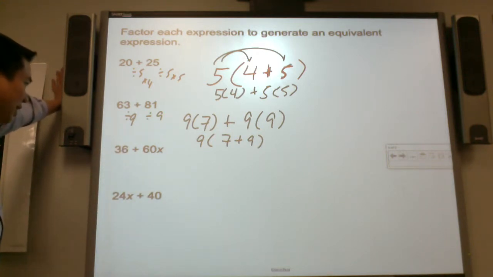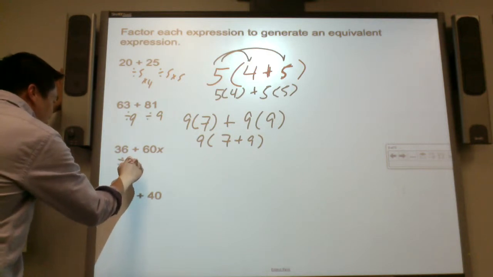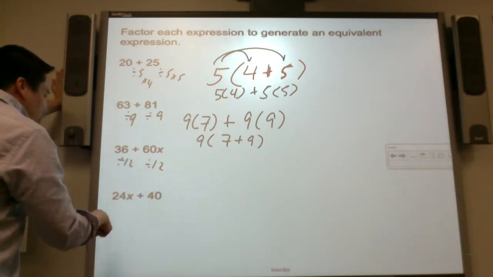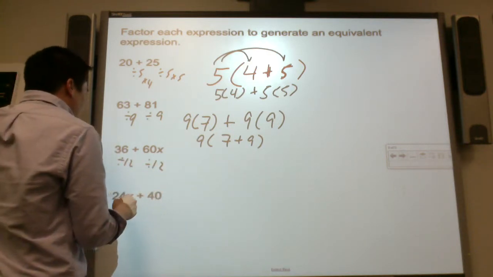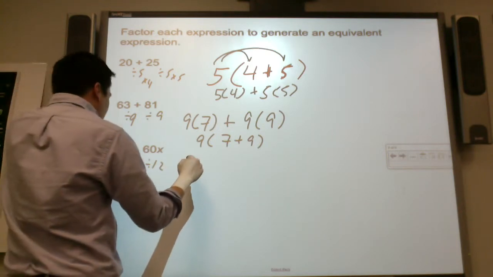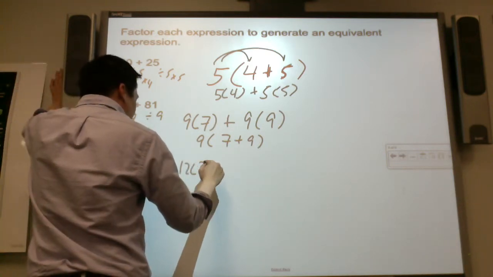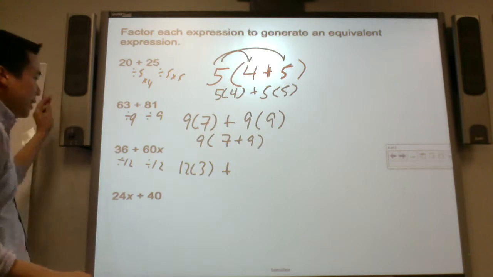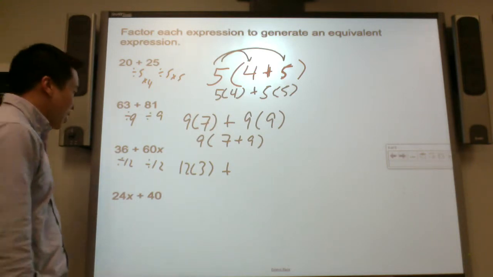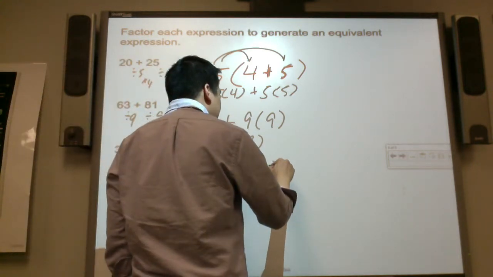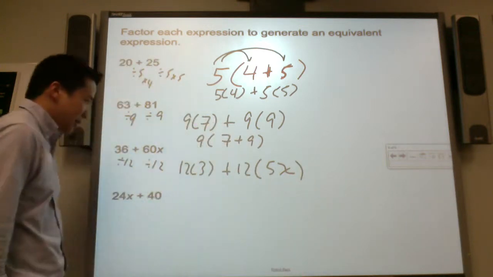What about the next one? 36 and 60x. What can I divide both numbers by? I'm going to divide both numbers by 12. So what makes 36? 36 divided by 12 is 3. So it's 12 groups of 3. And 60 divided by 12 is 5. So it's 12 groups of 5x.